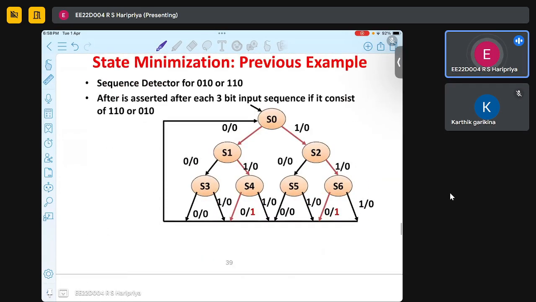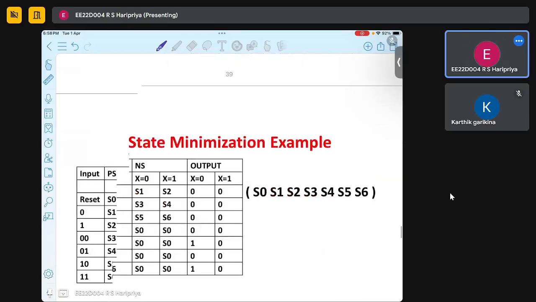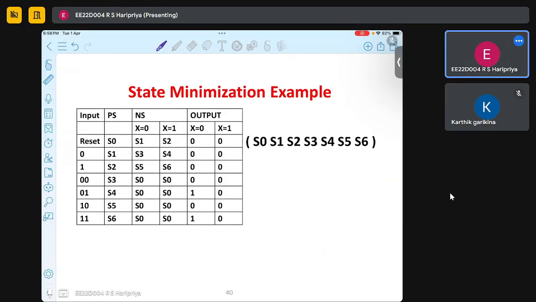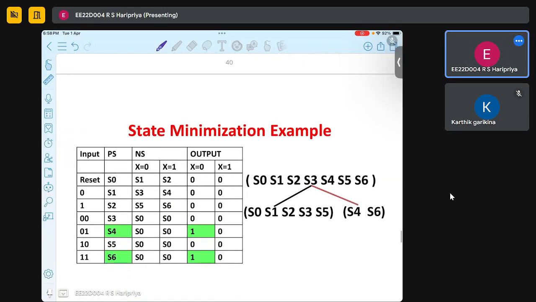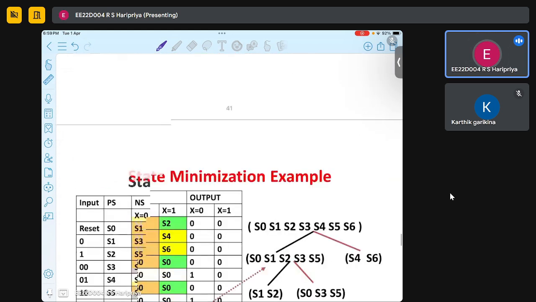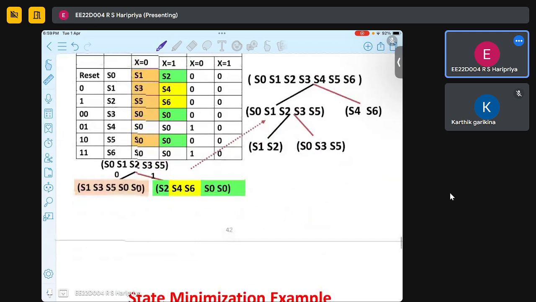So now if you want to minimize for this, again the state table, from this we have to separate based on the output. So this is a different output and the others are different. So again for each one, we check what the next step will be.